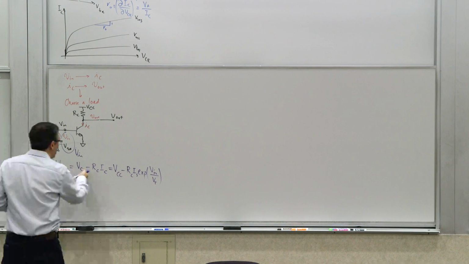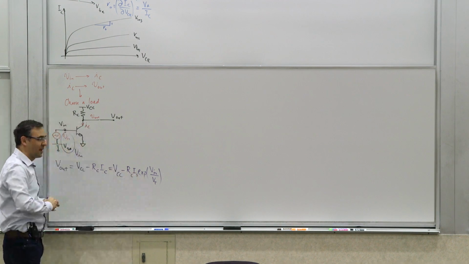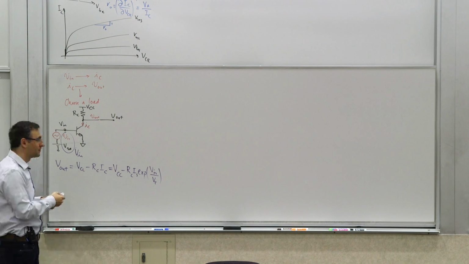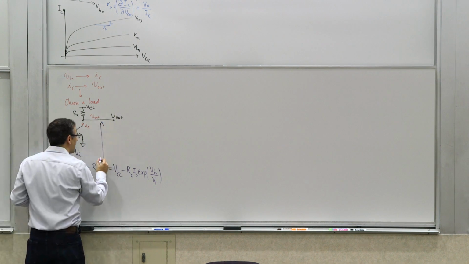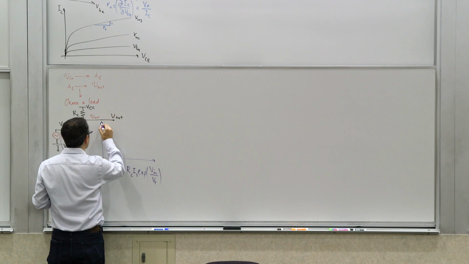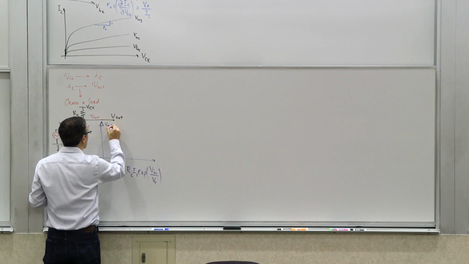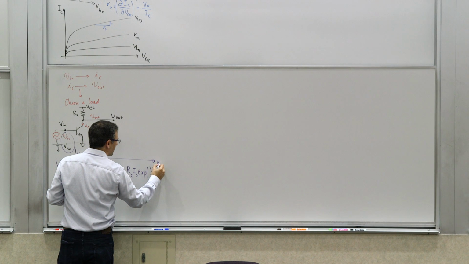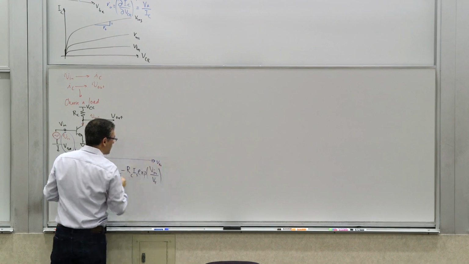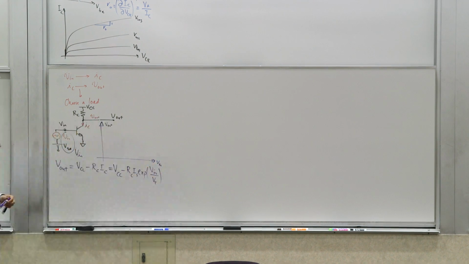So you have a V in, V out characteristic right there. And you can see it's highly nonlinear. If we plot this V in, V out characteristic, which we call the characteristic function, what do we get?